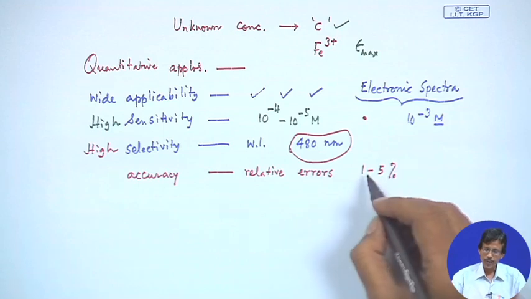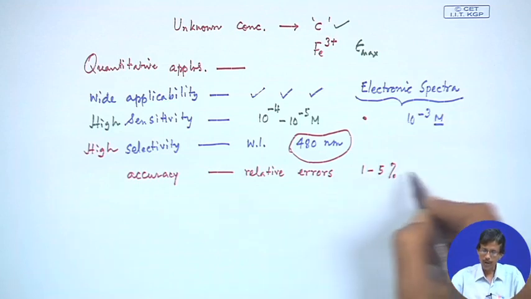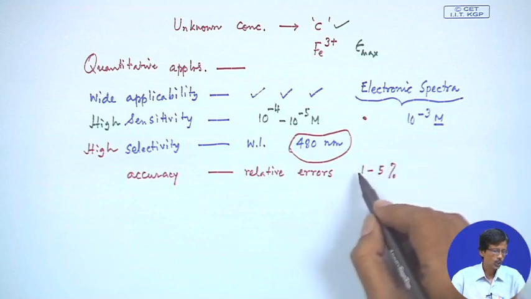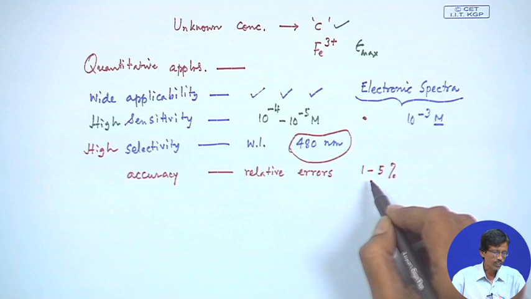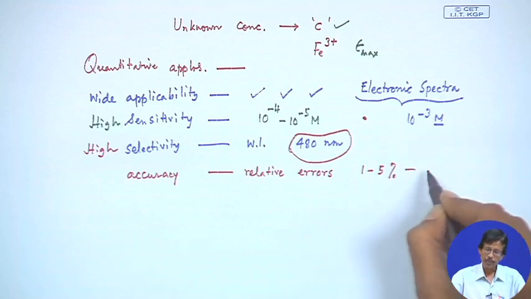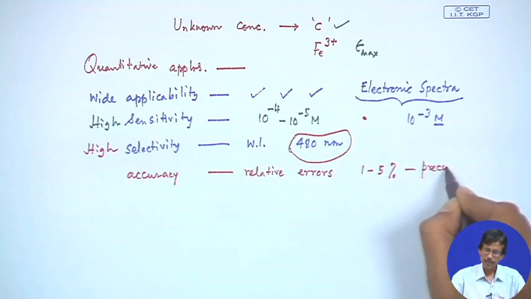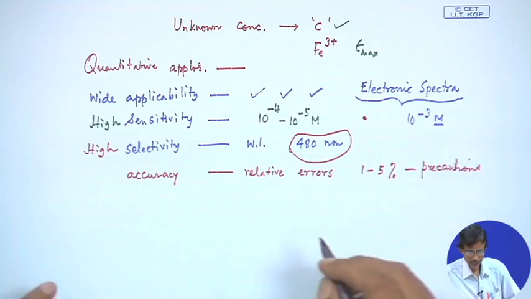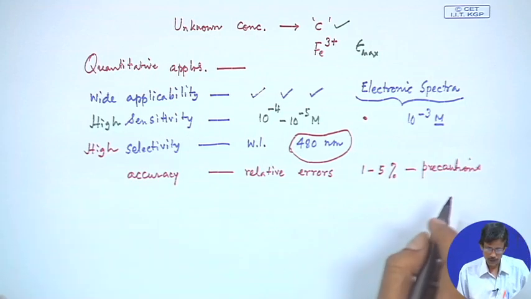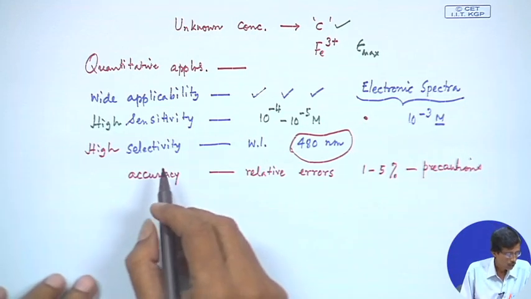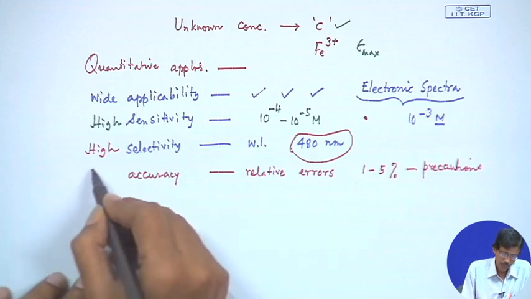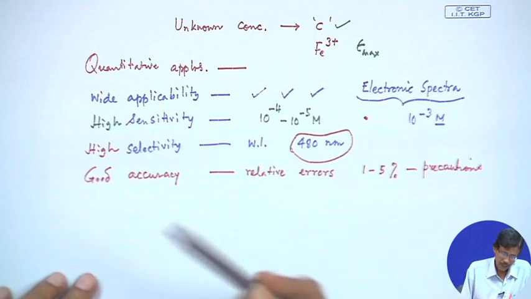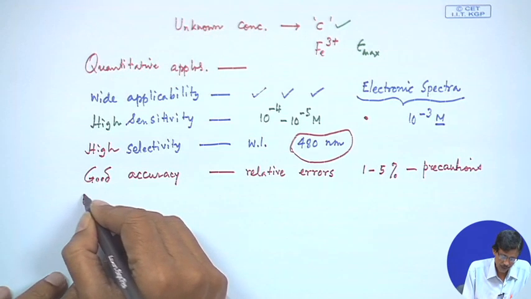If we want to keep it to 1% or less than 1%, we can push it to that lower range by taking some special precautions. That means contaminations or errors in the solution preparation and the measurement should be avoided. So, we have good accuracy for this purpose, and it is very easy to make this measurement.